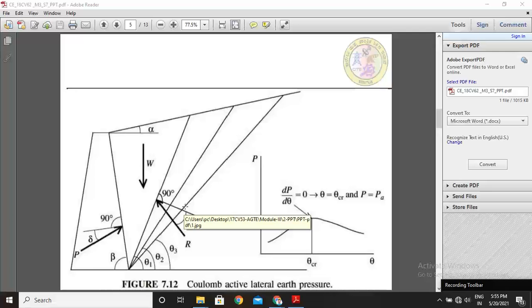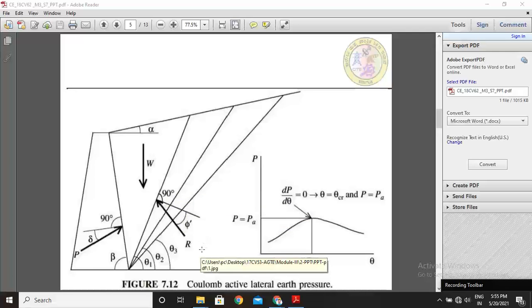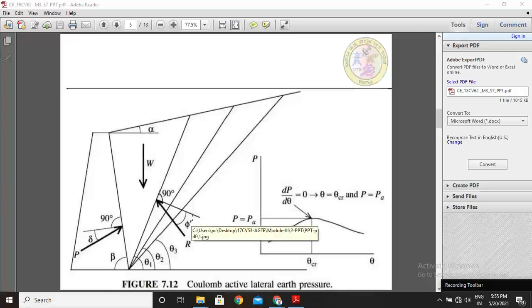Due to the wedge, this resisting force R is acting perpendicular to the failure plane, and we are locating it at an angle phi dash. Then we plot theta versus P, and here this is the critical angle.